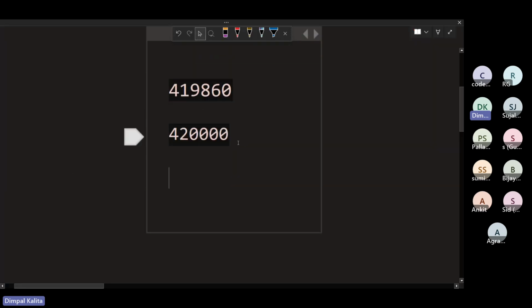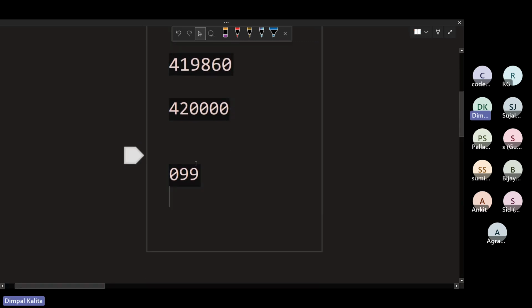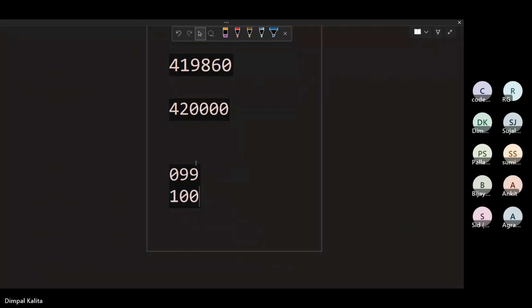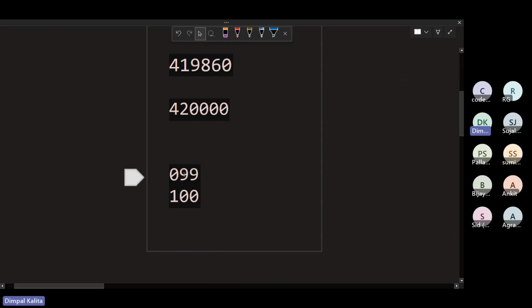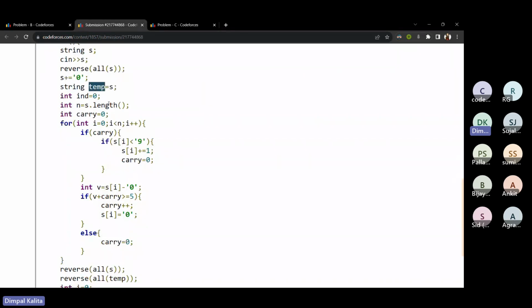Let us see. I made this 099. After rounding up, I'll get 100. I don't have to handle an extra case of getting a 9 here. So to balance that, I added a 0 to the string.